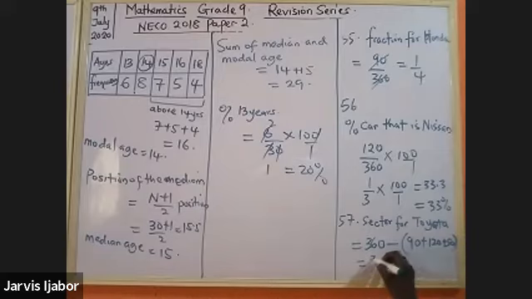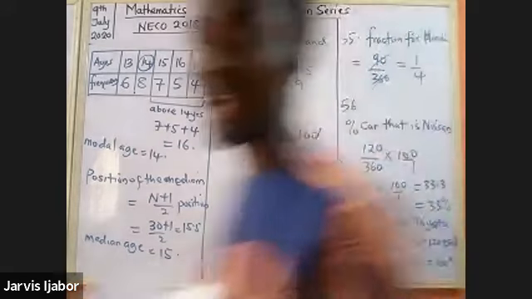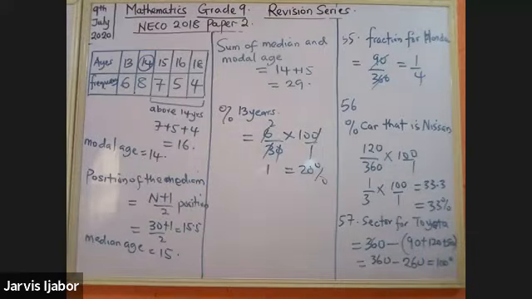So that will be 360 minus 260. So that will be 100 degrees. So the answer is 100 degrees. The sector representing Toyota is 100 degrees.